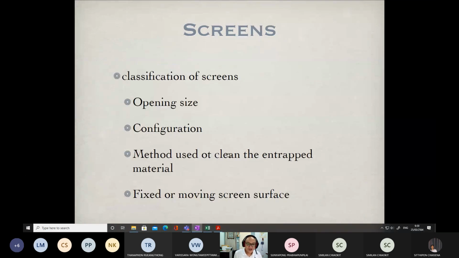For the screens, we can classify based on the opening size. We can classify based on the configurations or the methods used to clean the entrapped materials. Or we can classify whether it is a fixed or moving screen surface.